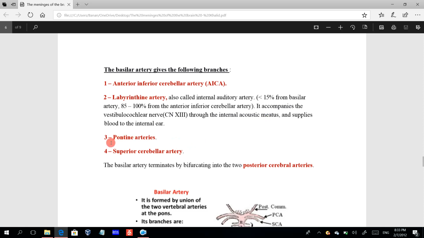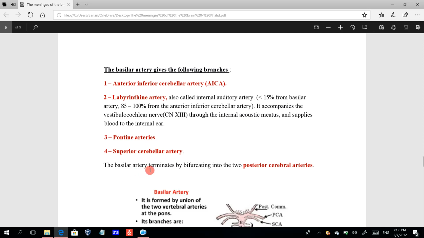The other branches of the basilar artery are the pontine arteries. Usually there is more than one artery on each side of the basilar artery supplying the pons. The fourth branch is the superior cerebellar artery. We have anterior and posterior inferior cerebellar arteries, but the superior is only one; there is no anterior cerebellar, only the superior cerebellar artery.